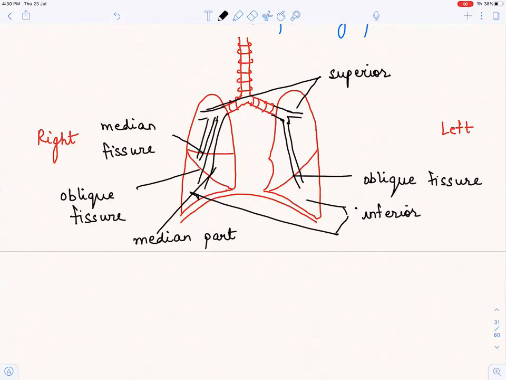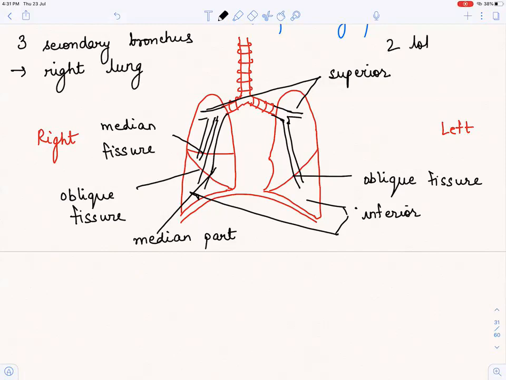So as we can see, there are 3 secondary bronchi in the right lung because of that median fissure, and there are 2 lobar or secondary bronchi in the left lung. You understood how it is going.